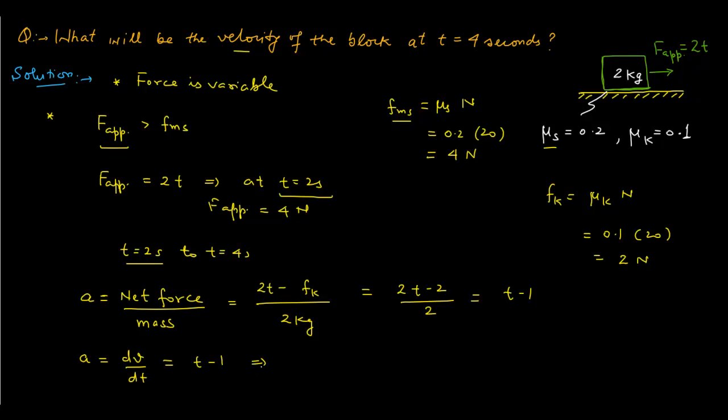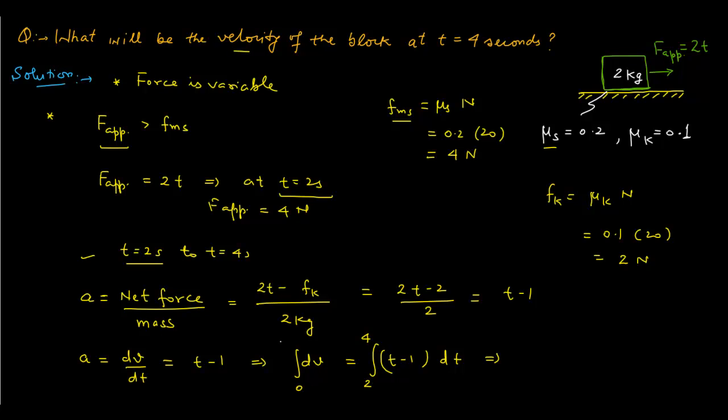And from here, if we integrate this equation on both sides, from time limit 2 to 4 seconds, because the block will come in motion after t equal to 2 seconds. So from here you can write at t equal to 2 seconds, the velocity is 0.